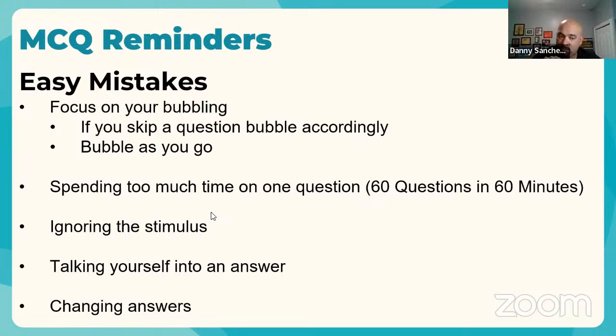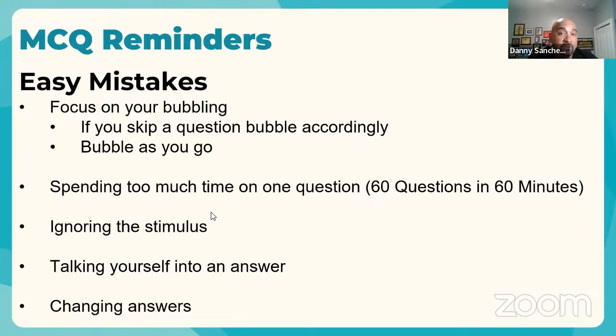Next, do not talk yourself into an answer. Remember what I said to you. It's not the right answer, it's the best answer. If you have to talk yourself into an answer, you are making a colossal mistake. You are talking yourself out of the right answer and into the trap answer. Here's a little life lesson with Mr. Sanchez.